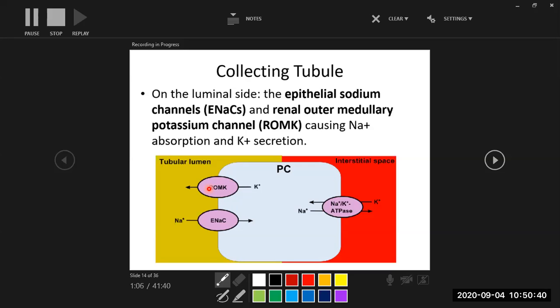When we block the sodium chloride co-transporter using the thiazide, this sodium remains in the urine and will flow down to the collecting tubule. When they flow down here, they will have a higher chance to be pumped back. And here, the activity of ENaC will increase, because this sodium was supposed to be reabsorbed in the earlier segment, but it's not.